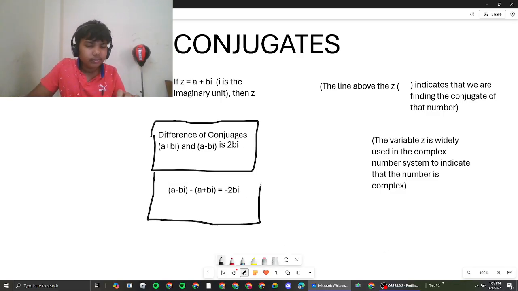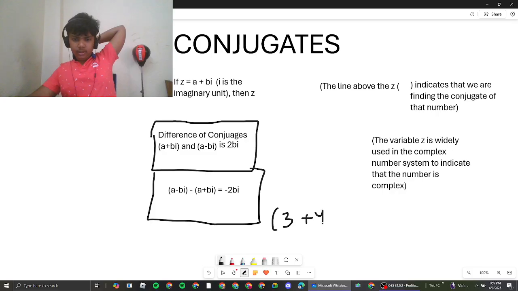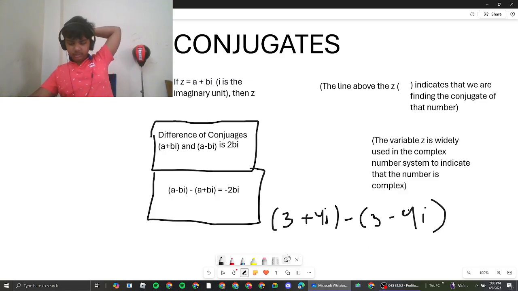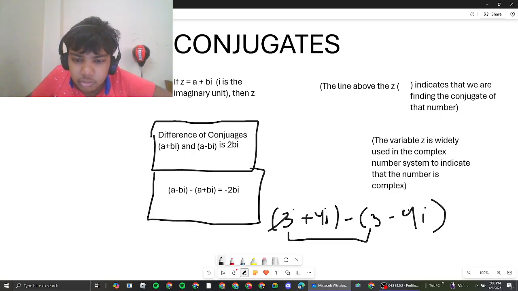You can test this with an example. Let's do one: 3 plus 4i minus 3 minus 4i. Now you get 3 plus 4i minus 3 plus 4i. 3 minus 3 is zero, plus 4i plus 4i, so 8i, which is 2 times 4i.